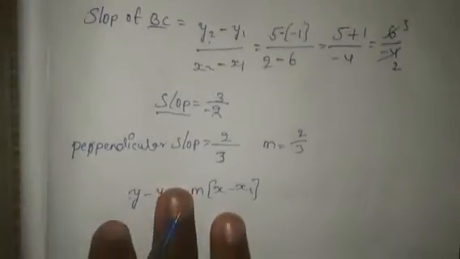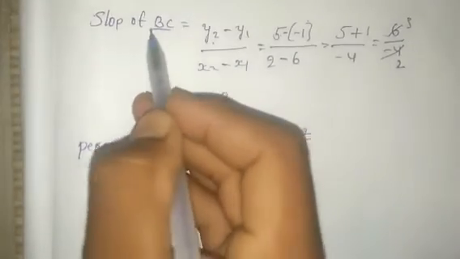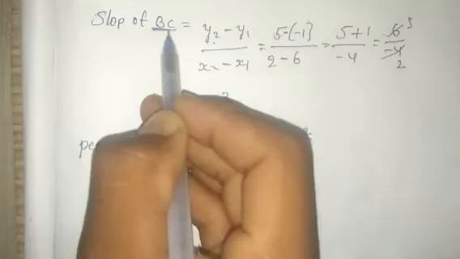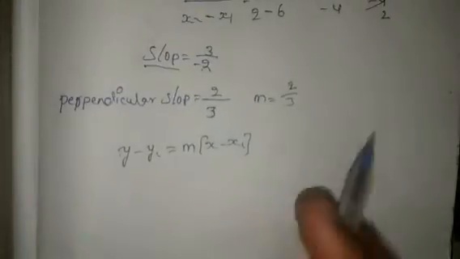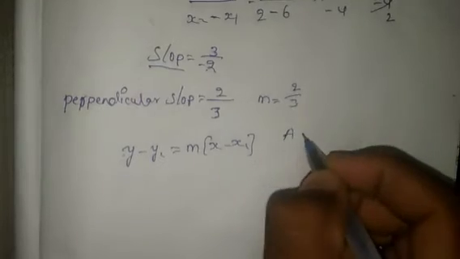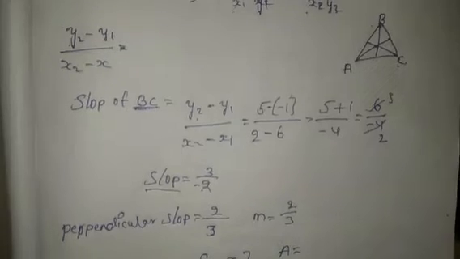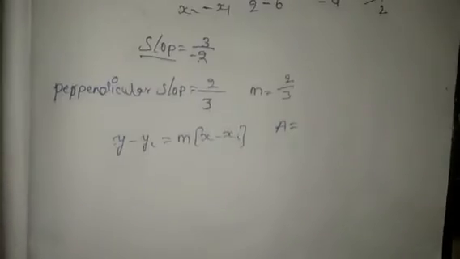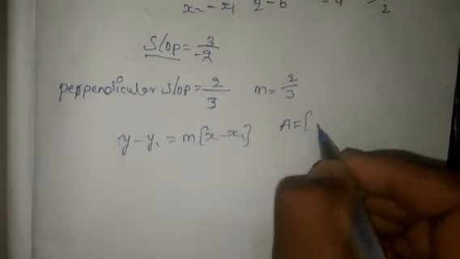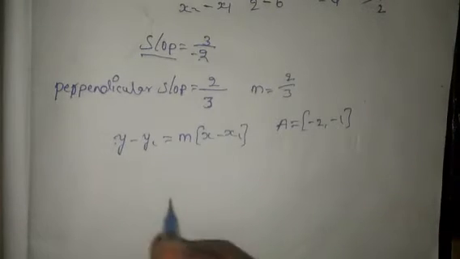In this problem we used the points B and C, so A is left. So now take A. The point A is (-2, -1), so write this.